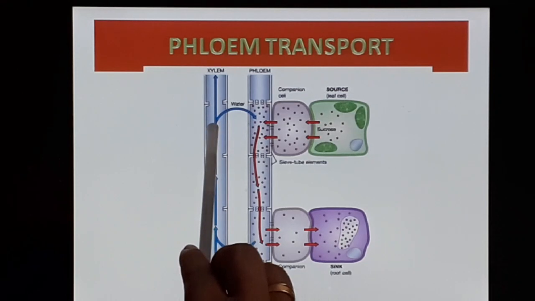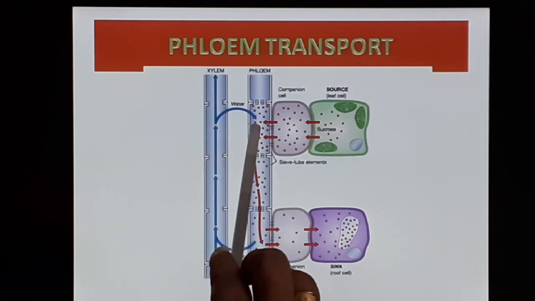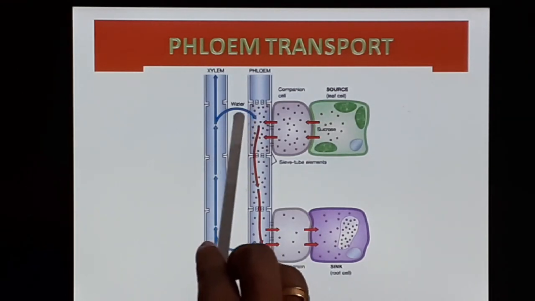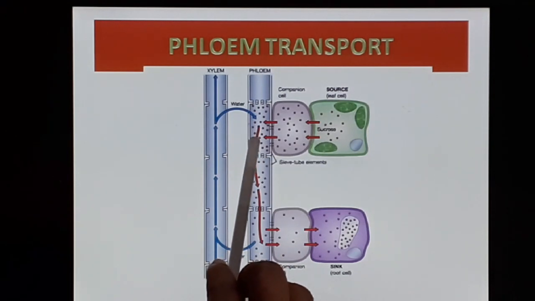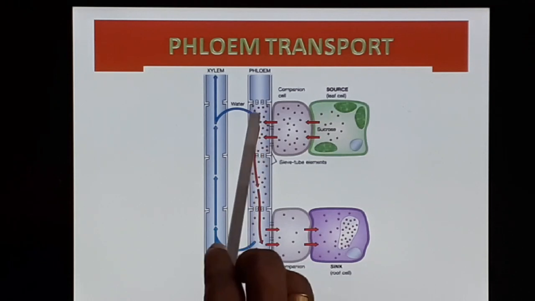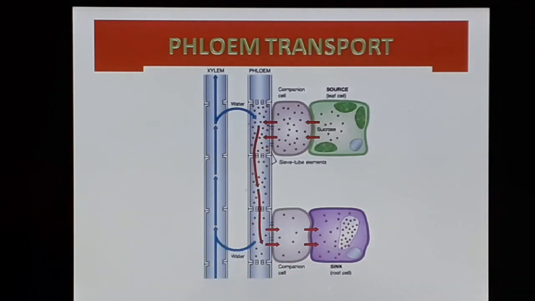Then water from the xylem cells enters the phloem to eliminate this concentration difference. As a result, a pressure is created inside the phloem cells. This pushes the food material to different parts of the plant body according to the plant's needs.